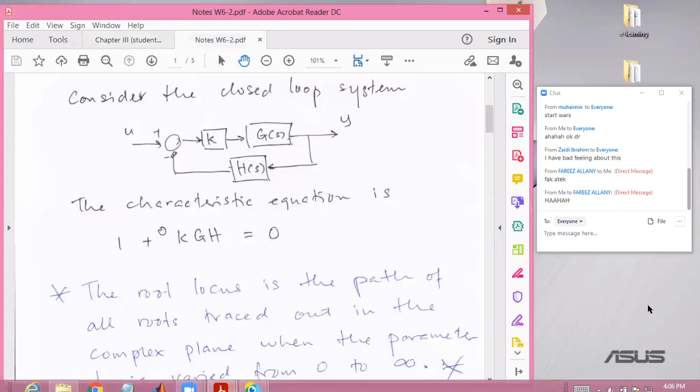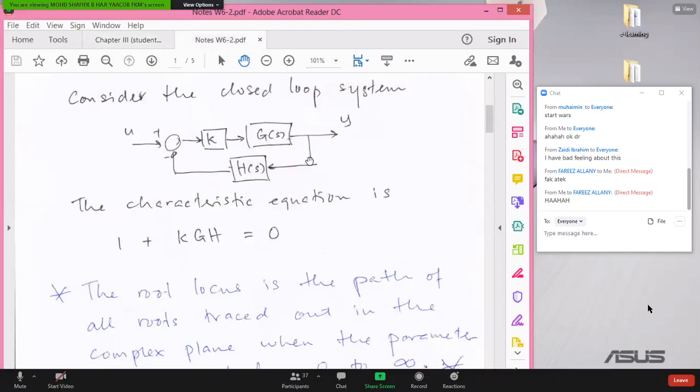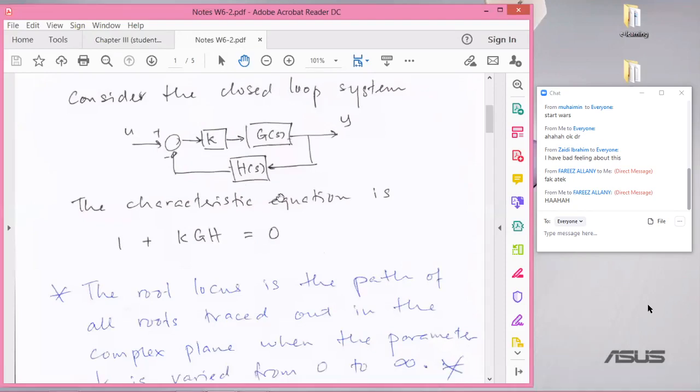Consider this closed loop system with a proportional controller K and a system to be controlled G and a feedback gain H. The characteristic equation is defined as 1 plus KGH equals 0. This is the denominator of the overall transfer function.